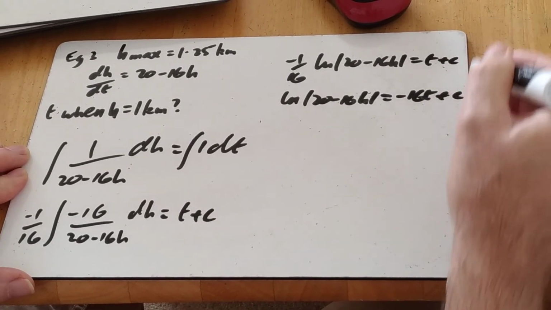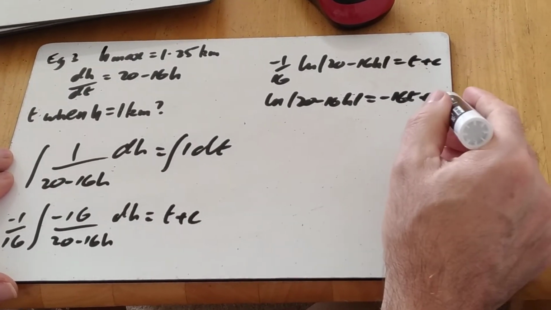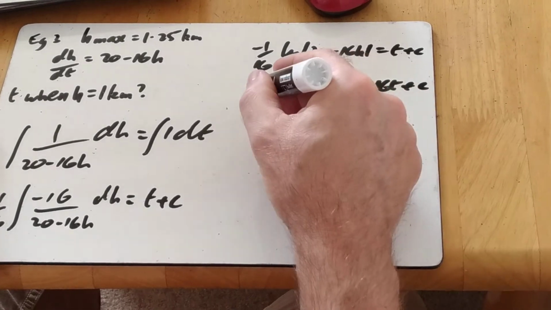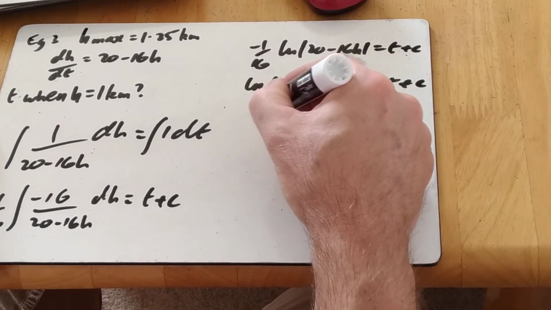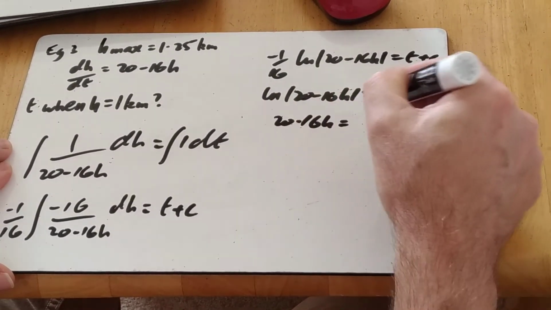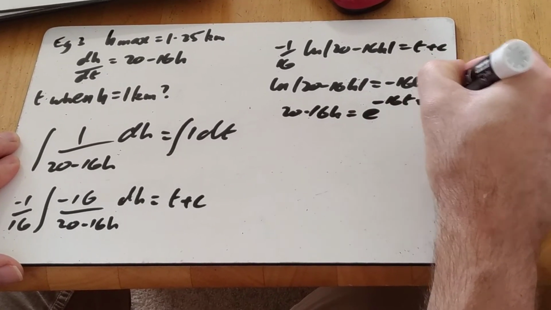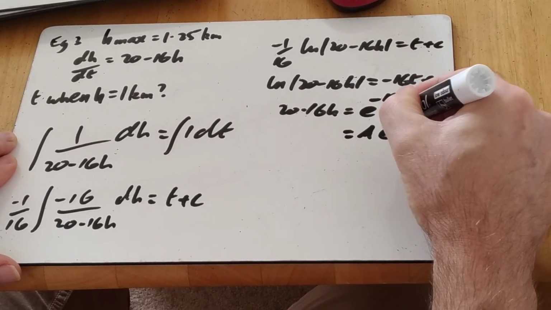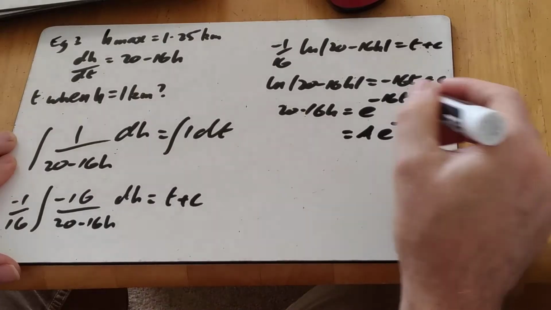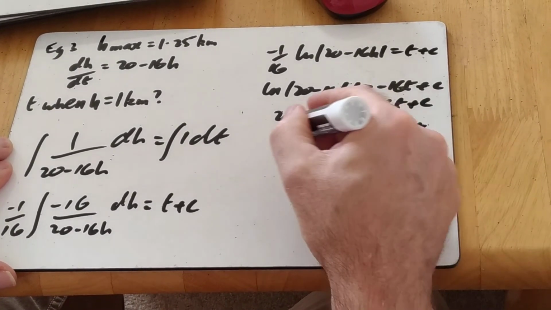It's not the same constant as it was before, but it doesn't make much difference at the moment. And as before, I can then do 20 minus 16h equals e to the this, or a e to the minus 16t, and I'm sort of off and running then.